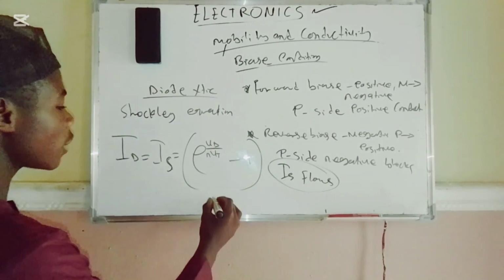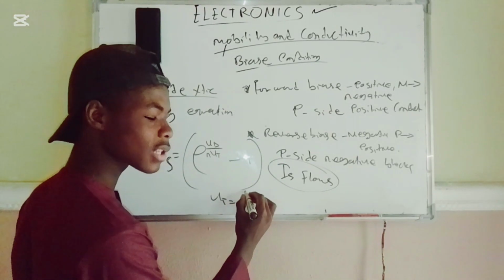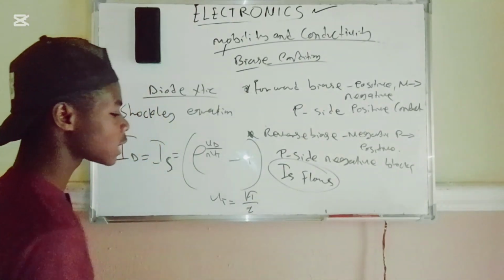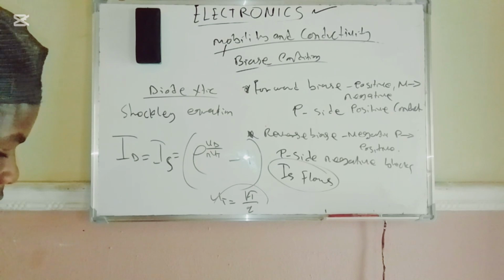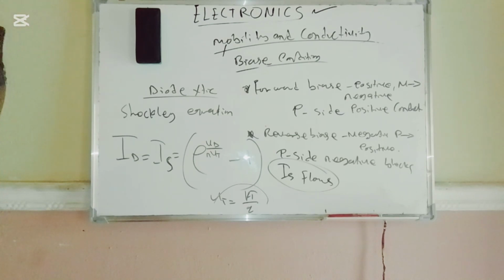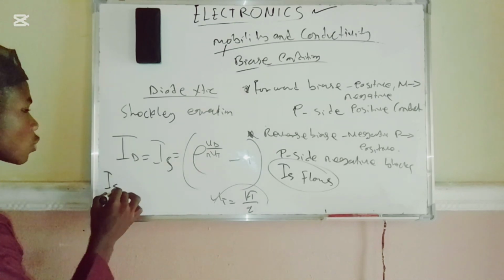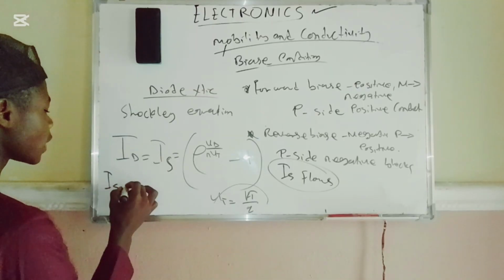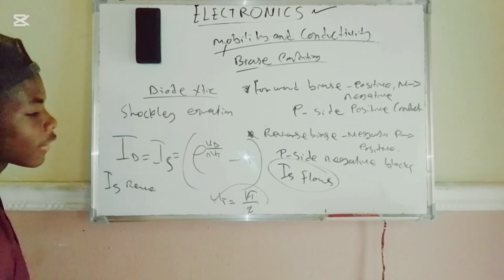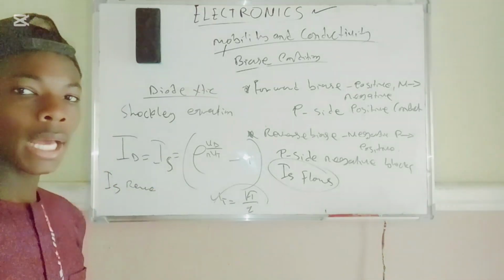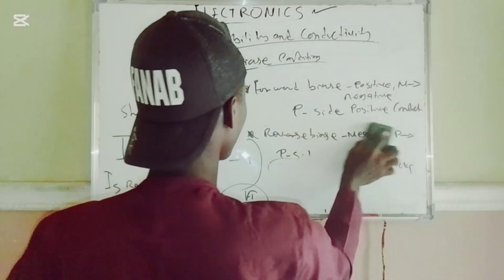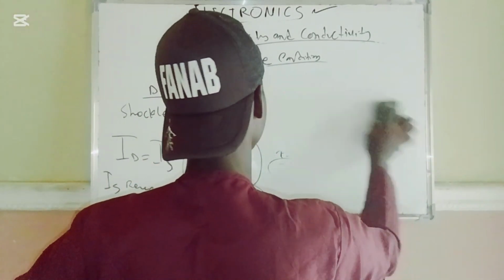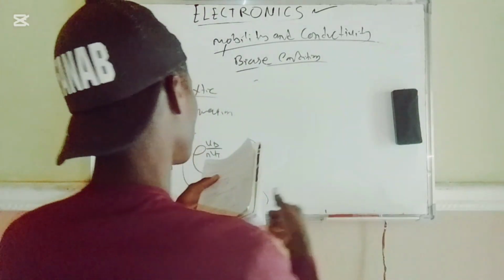As I said, the terminal voltage is equal to KT divided by Q. So this is the value of the terminal voltage. And IS, as I explained before, is the reverse bias current.